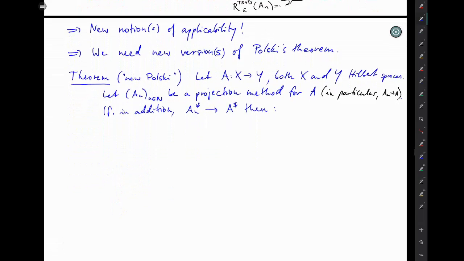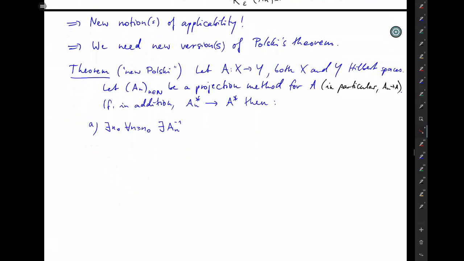Statement A. There exists an n0 such that for all n greater than or equal to n0, the operator A_n is invertible, and the supremum of the norms of the inverses is bounded. Of course you recognize this is nothing but stability of the sequence A_n.